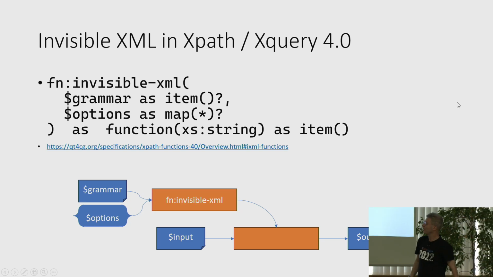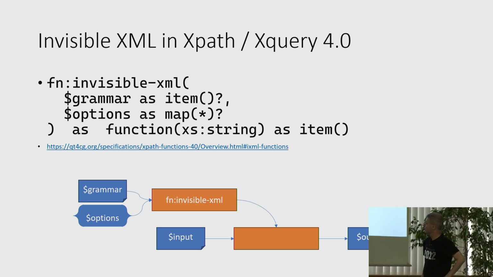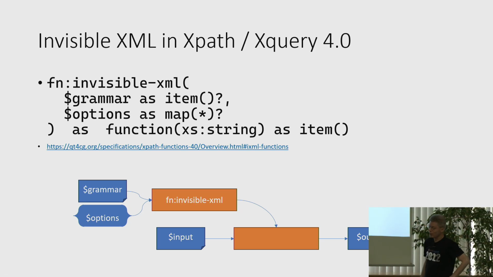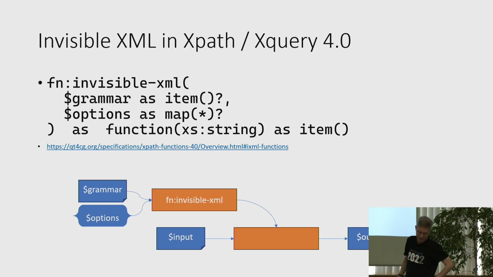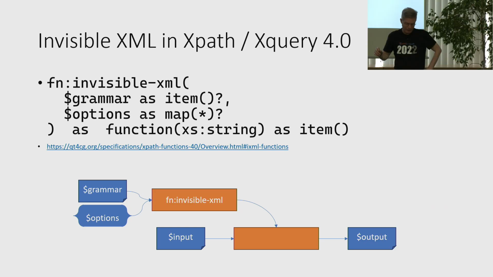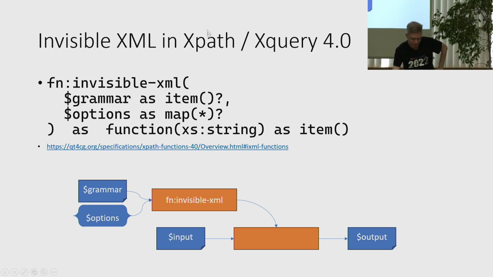And we want to use invisible XML. There will be in XPath and XML 4 this function, fn:invisible-xml. It takes a grammar, which is a text specification in XML. It takes some options about how to parse. Those go into this function and it generates another function. That's the box over here.